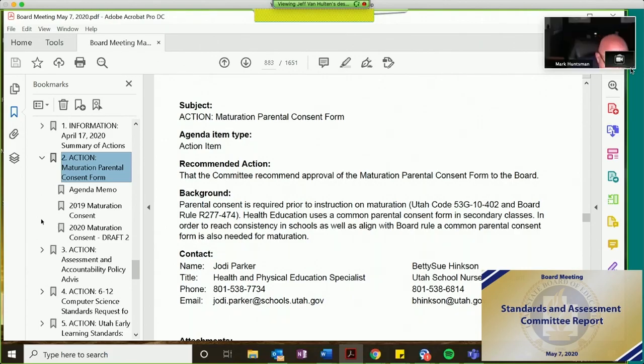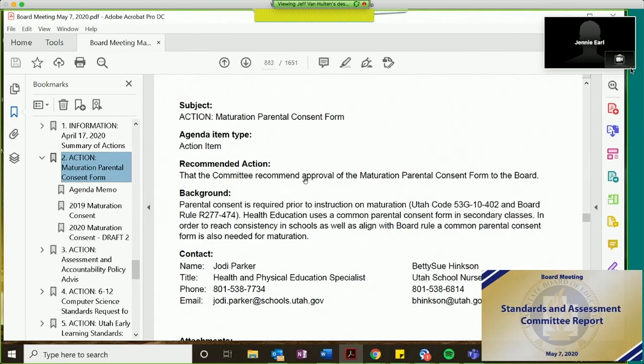This is what Jeff is showing, and ever since the break I haven't been able to get my other screen up. I'm going to try one more time. Hang in there, see if I can get it.